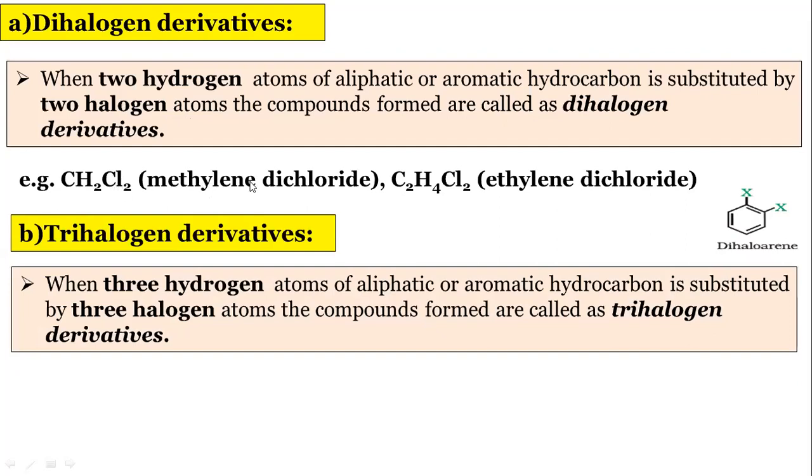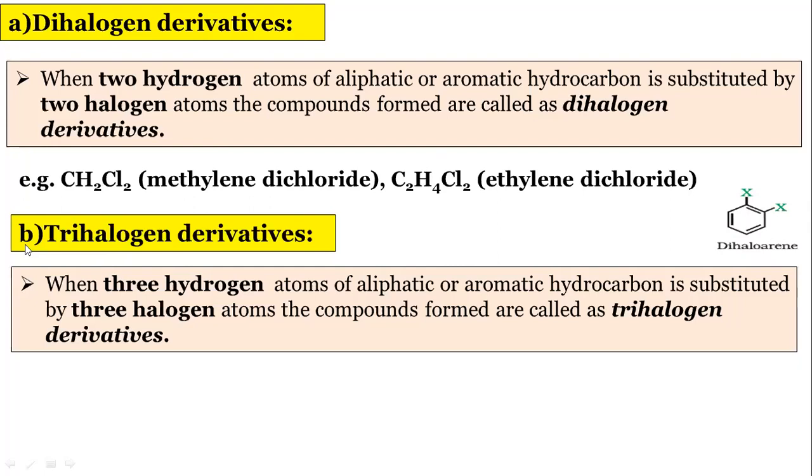So the name is methylene dichloride. C2H6 is ethane. In ethane, two hydrogens are replaced with two halogens. The name is ethylene dichloride. And in case of arenes, one hydrogen is replaced with X and another hydrogen is replaced with X. So this is an example of aromatic and these are examples of aliphatic hydrocarbons.